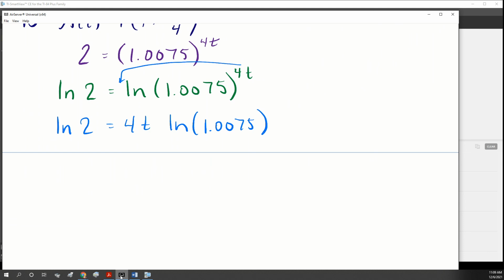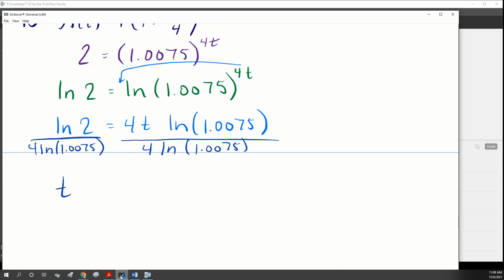All right, and then to solve this for t, we're going to divide by 4 natural log of that decimal. Okay. And then on this one, it would definitely be a good one that you did alpha y equals, just because you're dividing by a couple of different things, your calculator can get confused depending on how you type it in. But this is going to be 23.19 years.